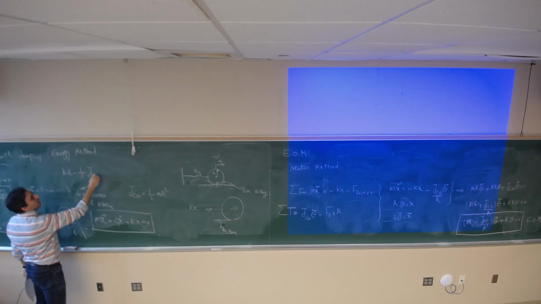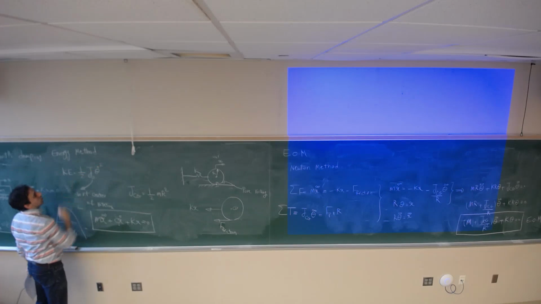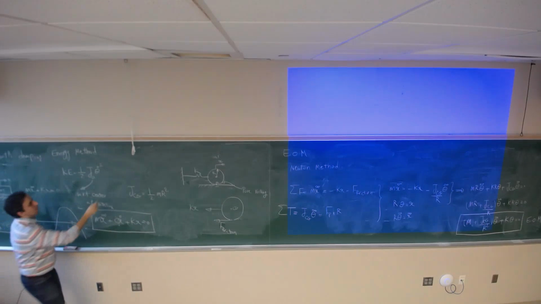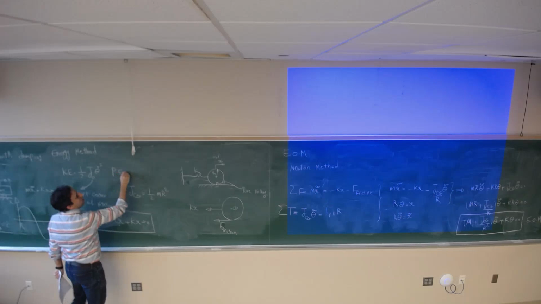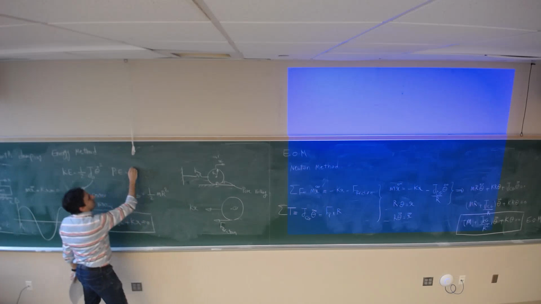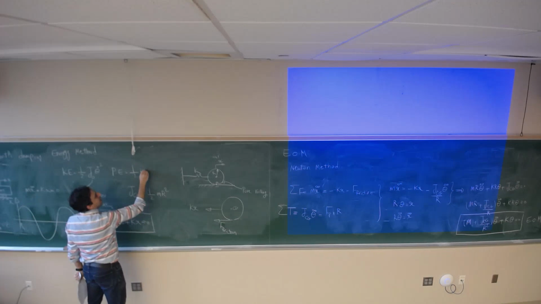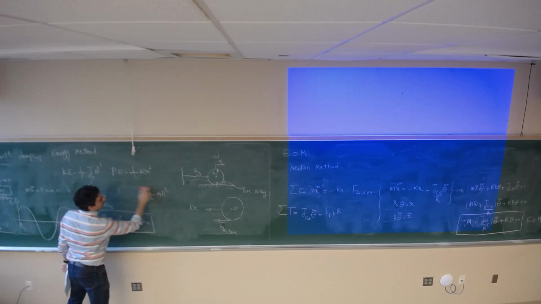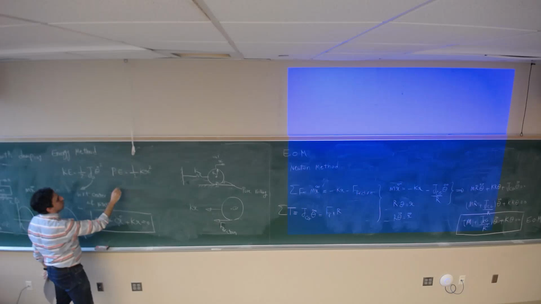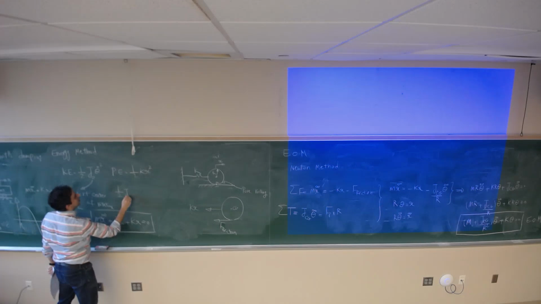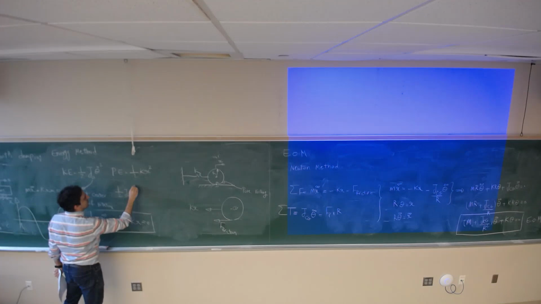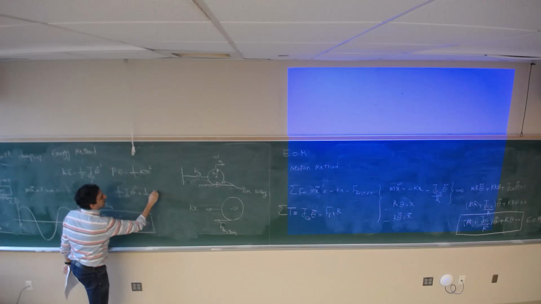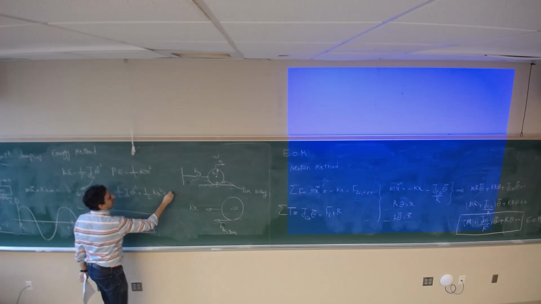Half of J naught theta dot squared. This is the kinetic energy. Potential energy is only due to the spring, half of k x squared. The summation of these two, half of J naught theta dot squared plus half of k x squared, is constant.